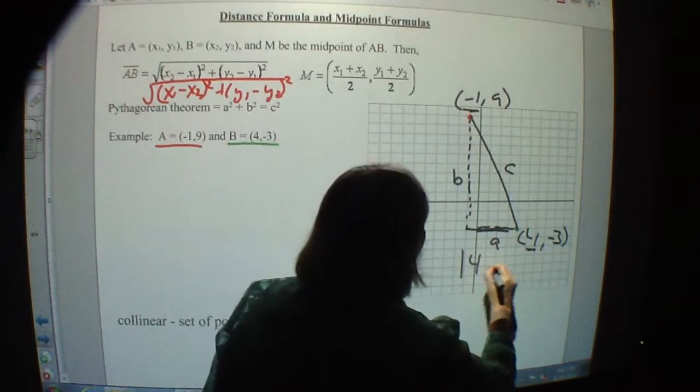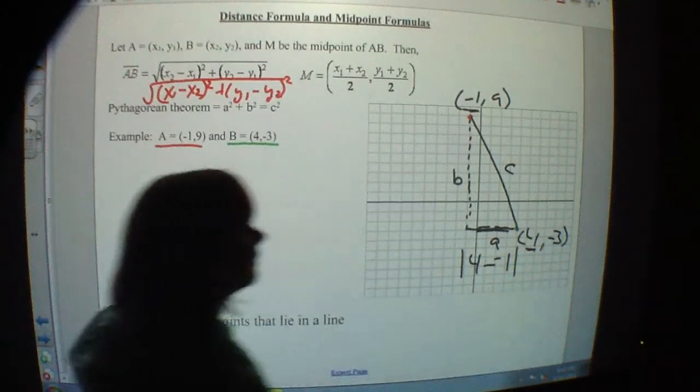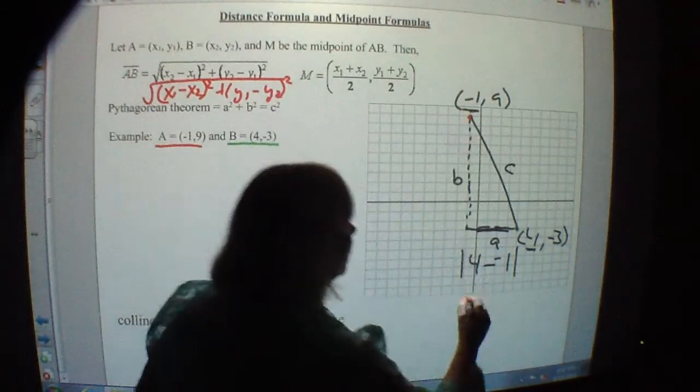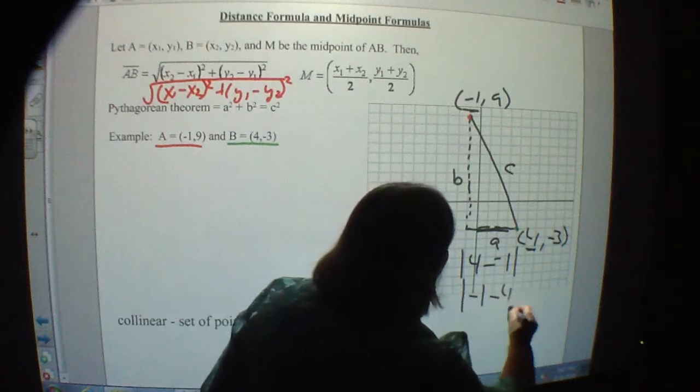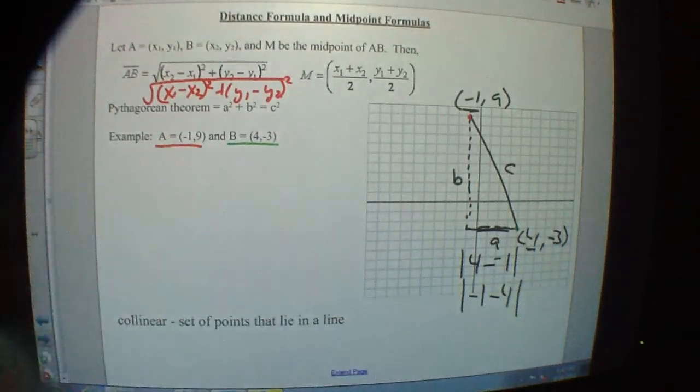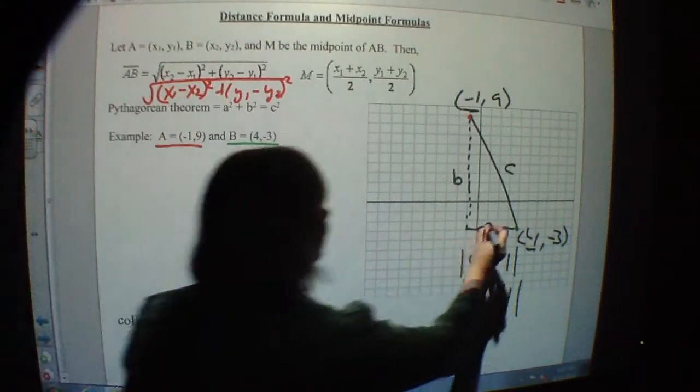The absolute value of 4 minus a negative 1, or I could do negative 1 minus 4. And either way I get 5. So this is 5.